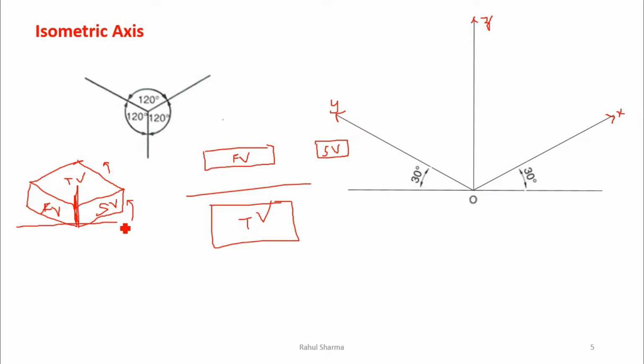So when we tilt the object in this direction and upward from the back side, it will have only a point contact, and this is the O point on the ground line. This will become one axis, this will become the second axis, and this will become the third axis. So we get the same isometric axis, in the same way, right?